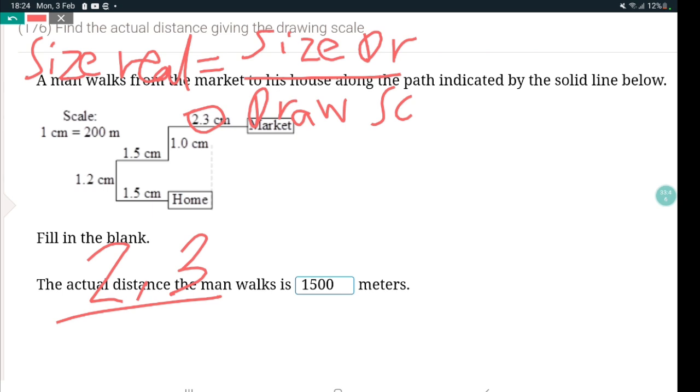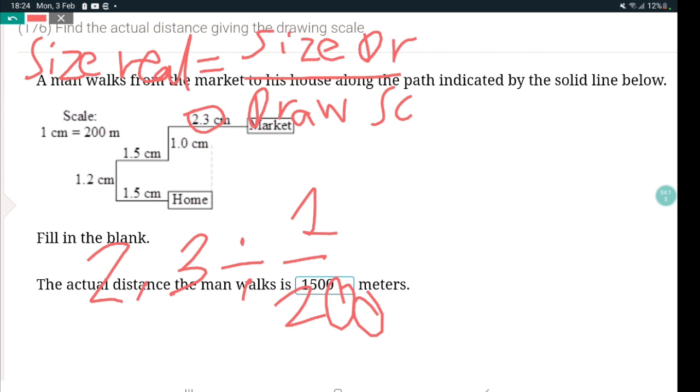We know in division we flip the fraction. Since the scale is like a ratio, 1 over 200, when you divide, you flip it and it's going to be times 200 instead.